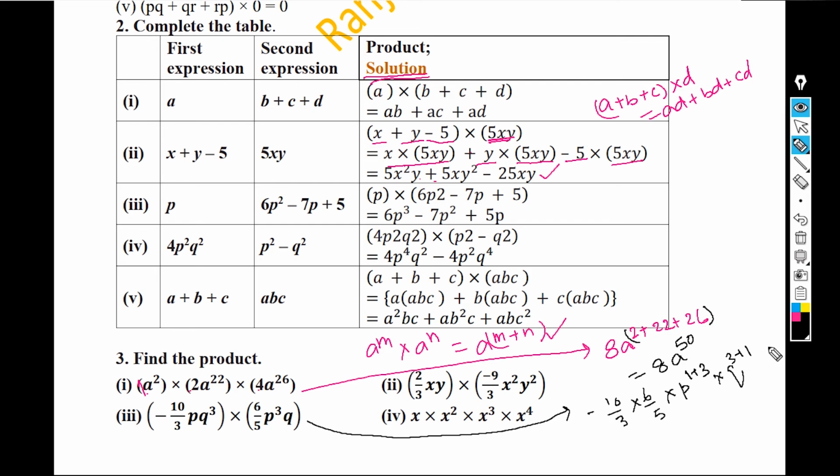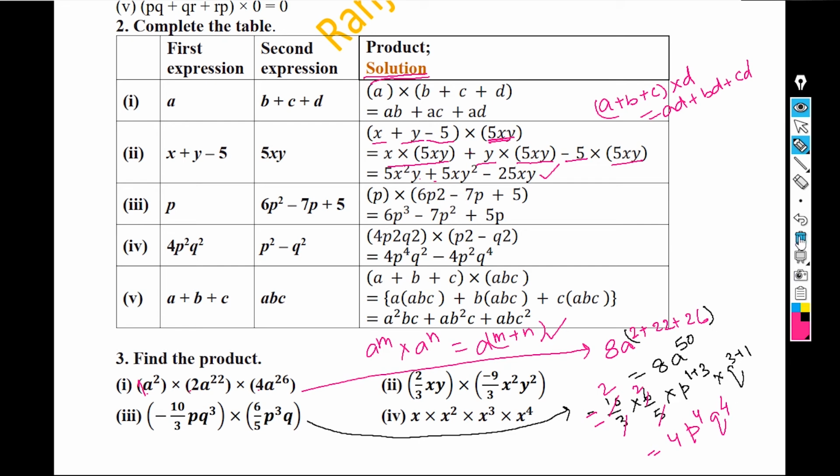Now can you cancel here? Yes, cancel. 5 2s are 10 and here 3 2s are 6. That is 4 p to the power 4 q to the power 4 is the answer.